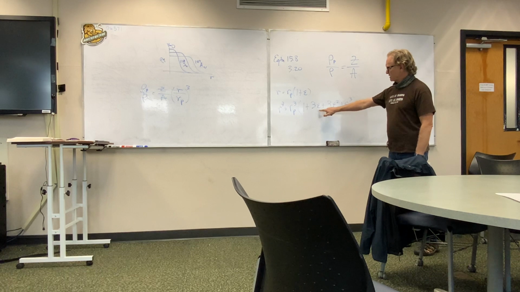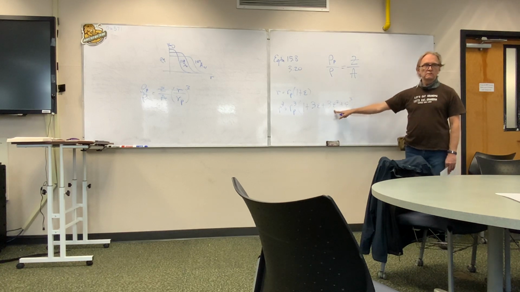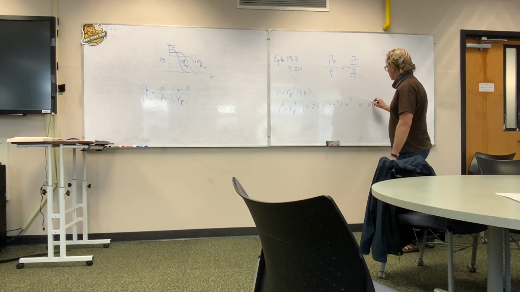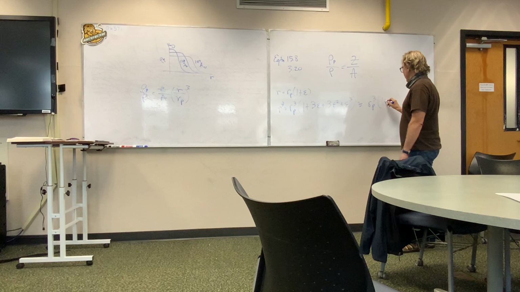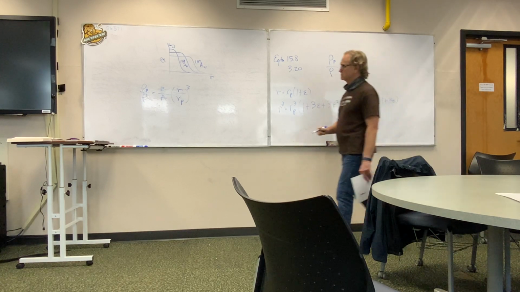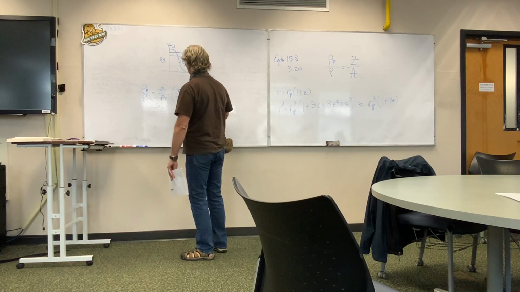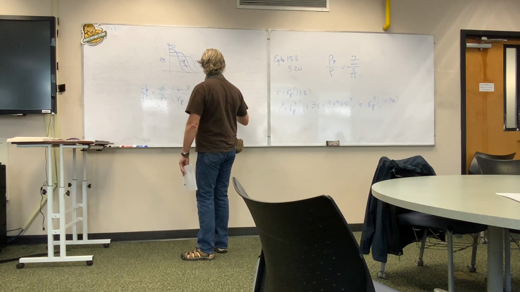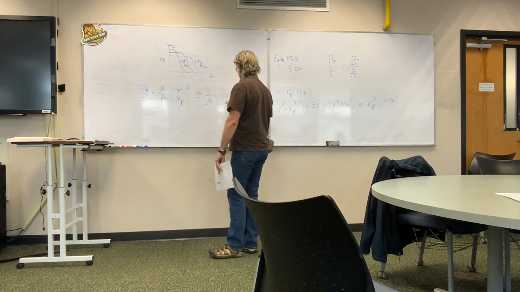So what happens if I take that small number and square it? Even smaller. Even smaller, and about if I cube it. So in fact, I'm not far wrong if I just call that 1 plus 3 epsilon. And so this is approximately Z over A times 1 plus 3 epsilon.